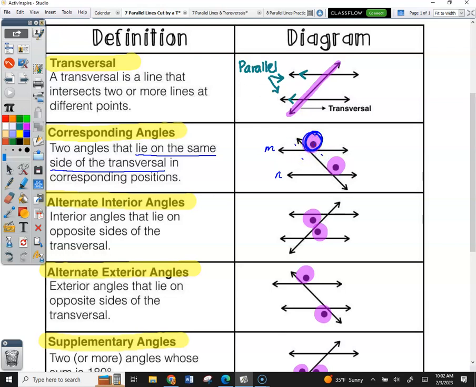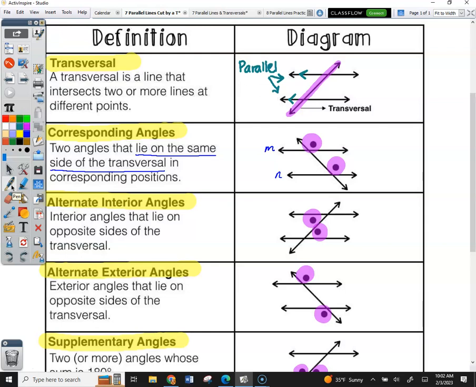This is the top right. Now look at line N. This is the top right of 1, 2, 3, 4. Do you see that? You got with me? So when we say corresponding, we mean that the angles are in the exact same position. This is top right, this is top right. Okay?